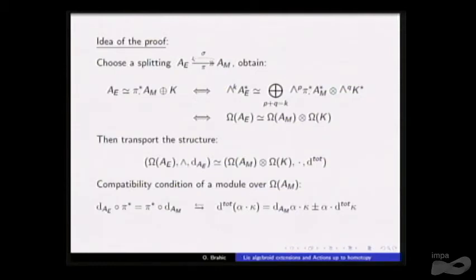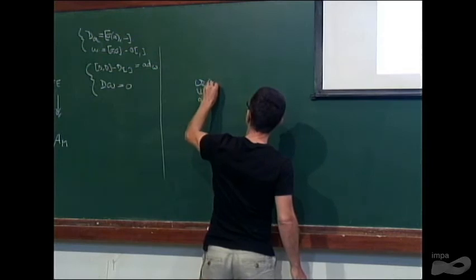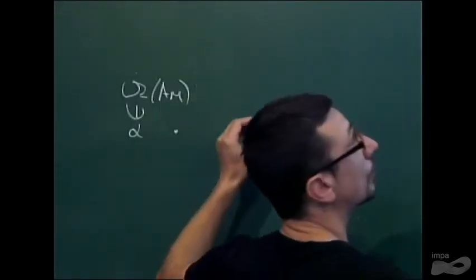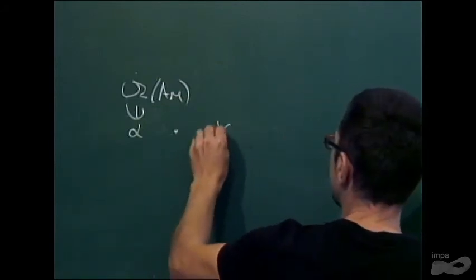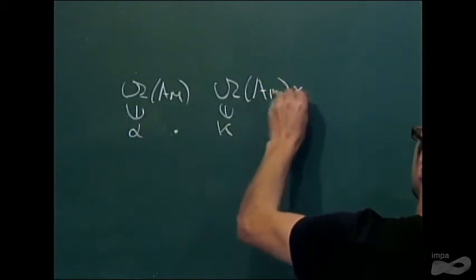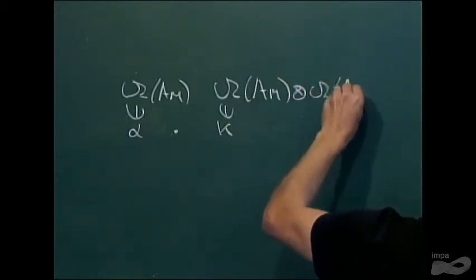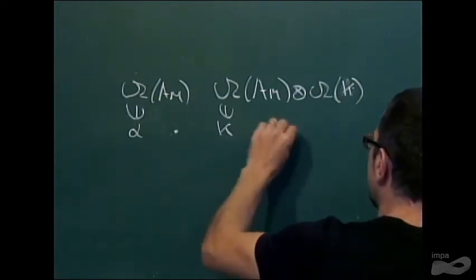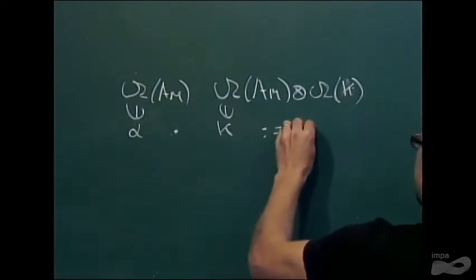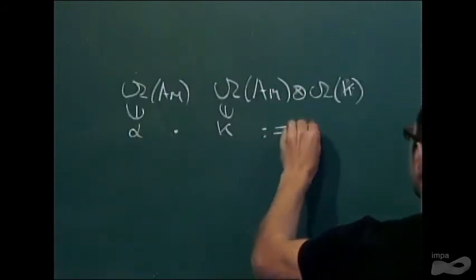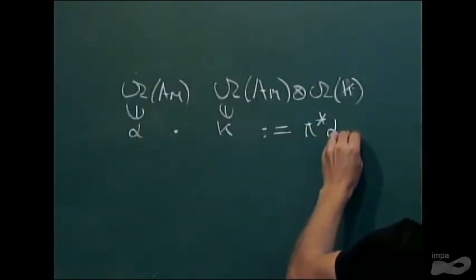So if you have alpha in omega of AM that acts on an element of my module, omega of AM tensor omega of K, how is this action? Up to this isomorphism, it is just taking the pullback pi star of alpha, wedge.